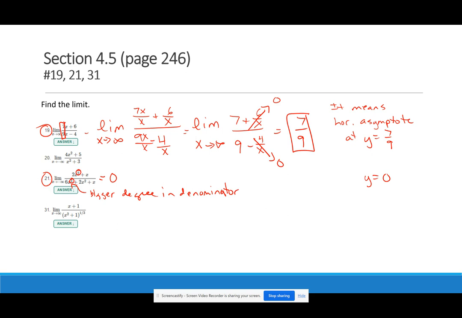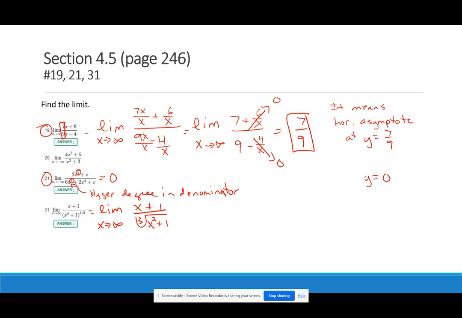All right, now this one's a little tricky because it's got that quantity being raised to the 1/3 power in the denominator. So you see, this is really the limit as x goes to positive infinity of x plus 1 over the cube root of x squared plus 1. So the degree is kind of camouflaged a little bit, but you could still use the degree idea as your shortcut.